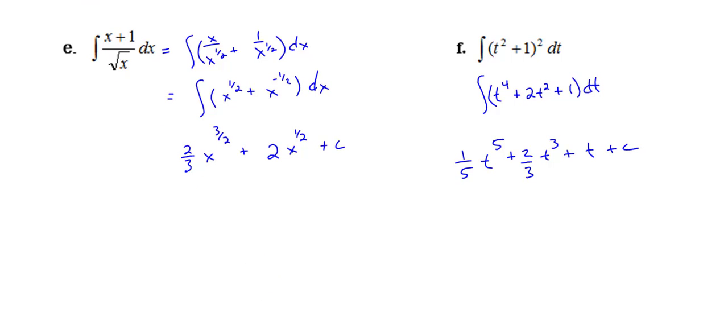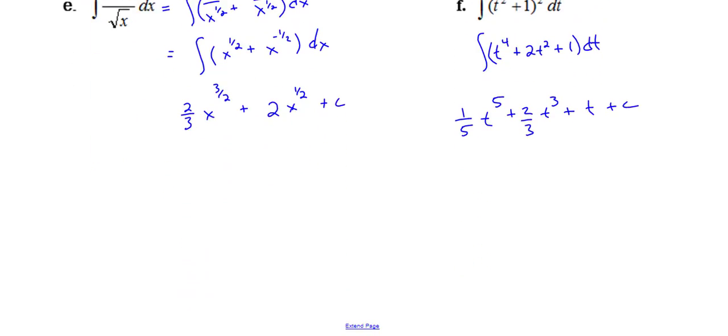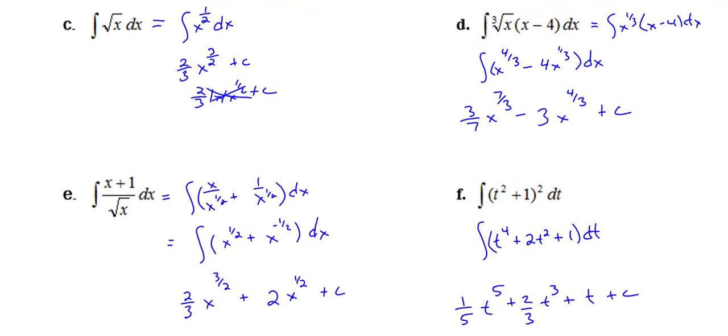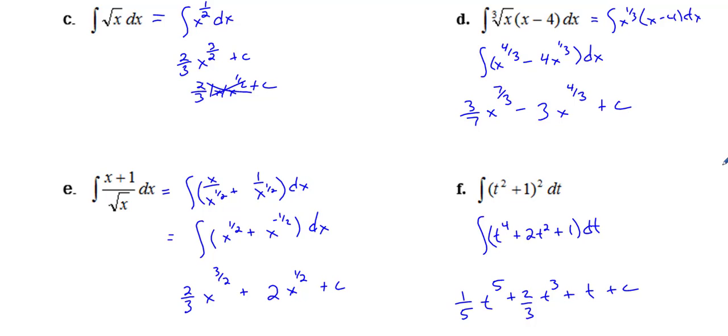All right, we get the hang of this a little bit. For D, can we solve that one as if it were like a chain rule problem? You know how when you solve the chain rule, you take the derivative of the inside? For this one, x minus 4 would be like x minus 4 squared.